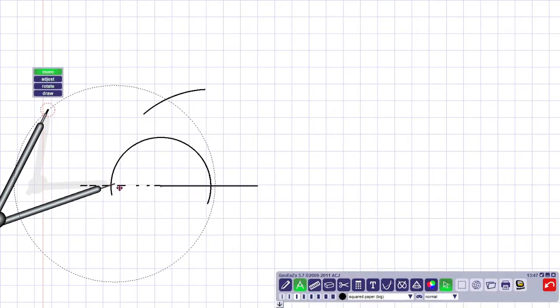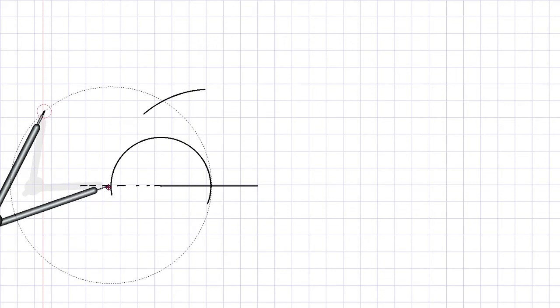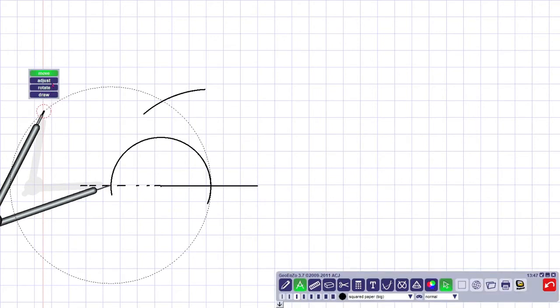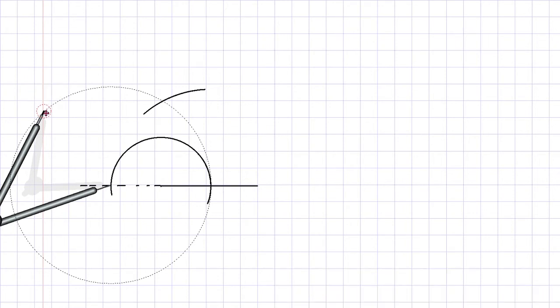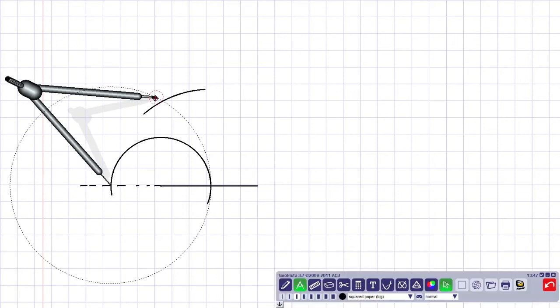Now place the compass here. Without changing the radius, cross the previous arc.